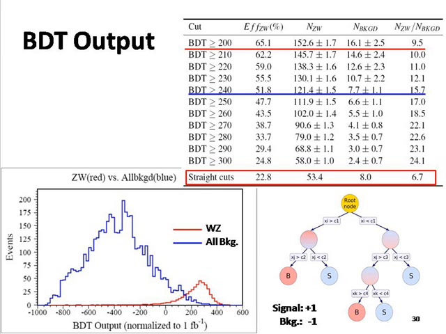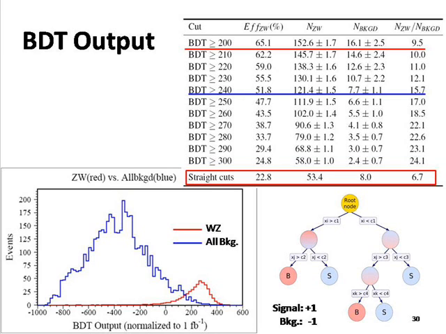The BDT output means the score, because every time an event lands on a signal or a background leaf, if it lands on the signal, we assign +1 to the score of that event, and if it lands on the background, we assign -1. So the background will get the negative score and the signal will get the positive score.